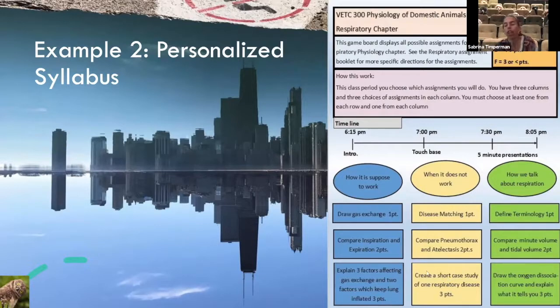So what I tell them is they have a certain number of points that they can win. I changed these points right here, so that an A was 15 points and a B was 9 points. I give them the freedom to choose which ones they want to do and which activities they feel they want to work on. So it's up to them what their grade is for the respiratory unit.